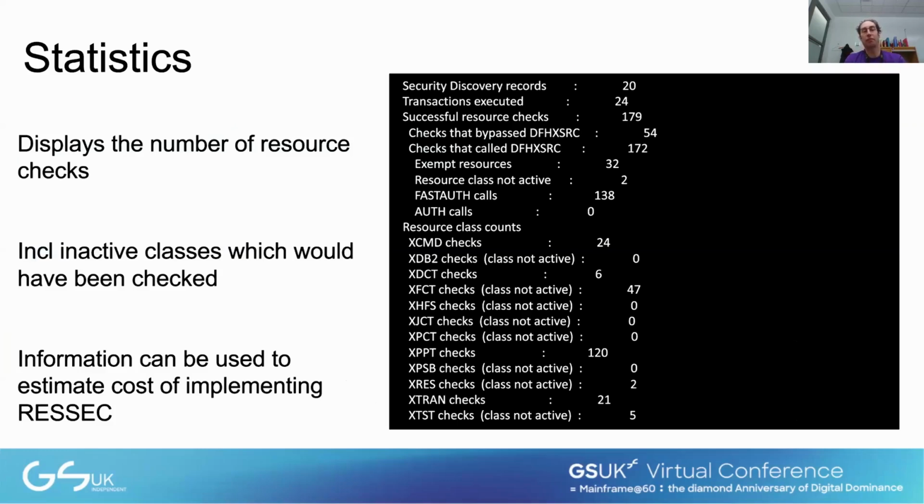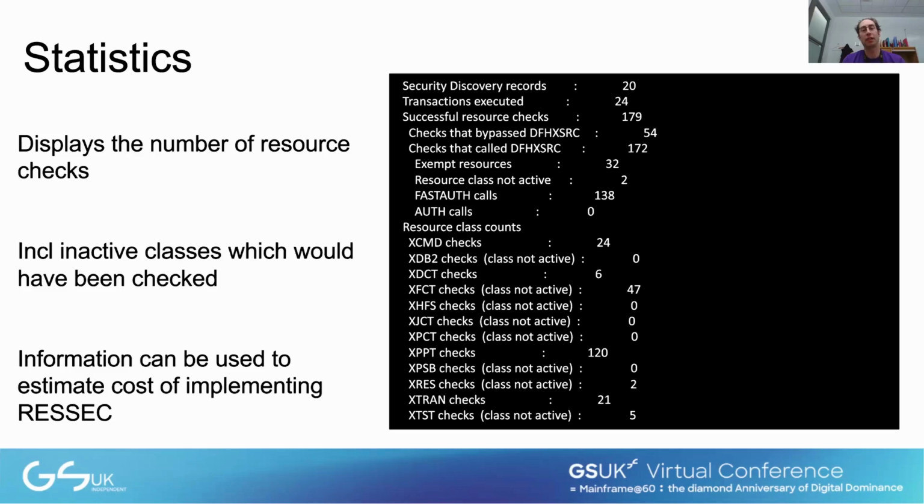We do provide a set of statistics. So I said we were going to aim to provide a means of helping you work out the cost of resource security. So as part of security discovery, we capture this information. This output comes from running the DFH$SDDP job, which creates the SDD file.